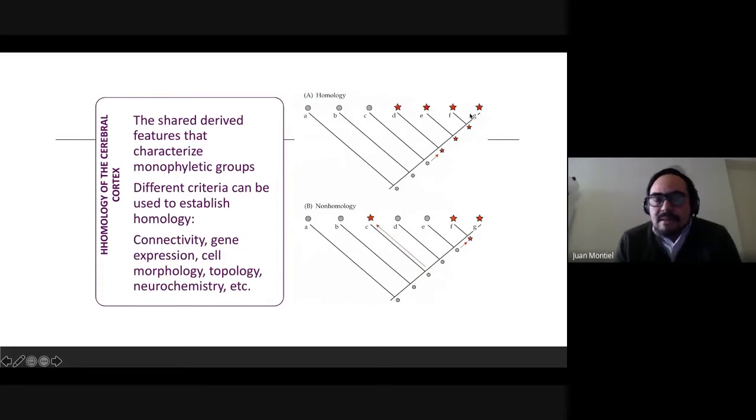But sometimes we can detect similarity, and this similarity can be shared, for example, in F and G. And here we can say that this is homologous between F and G. But if we look at E, the feature is not present, and neither in D, but we can see this feature in C. So what happened here?